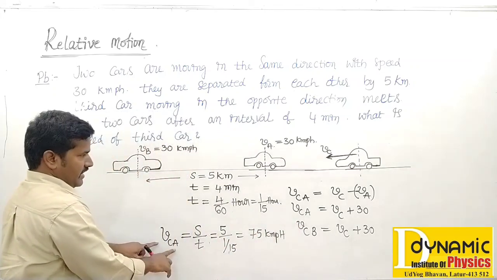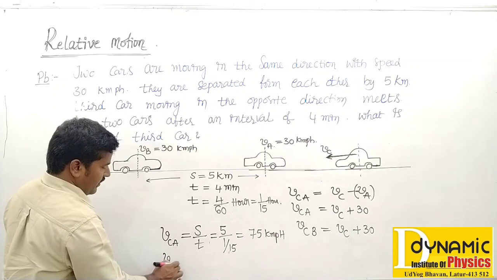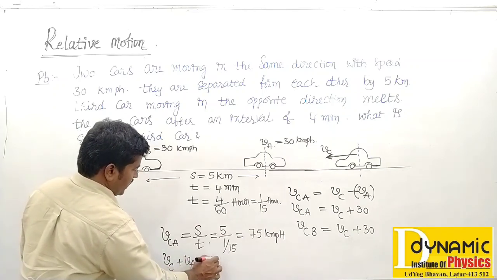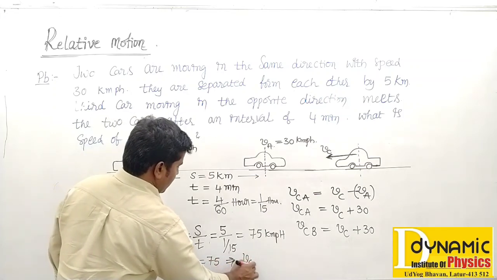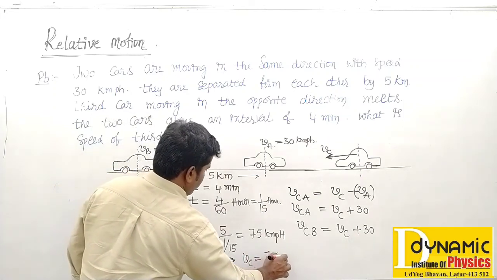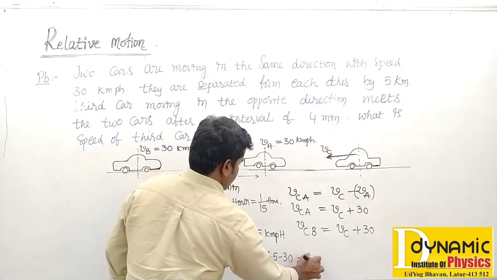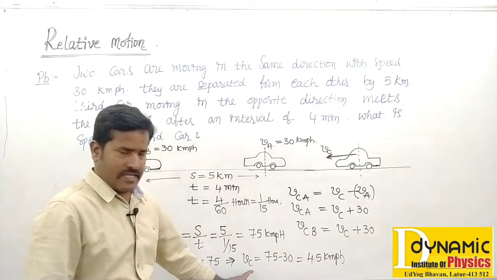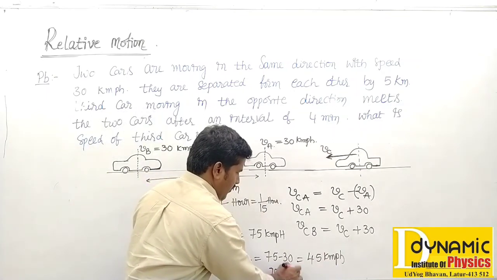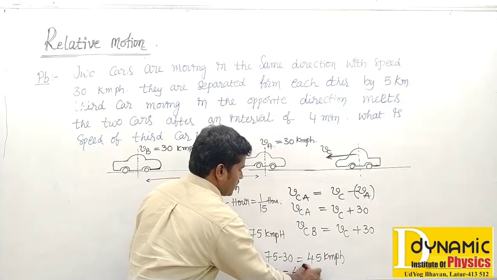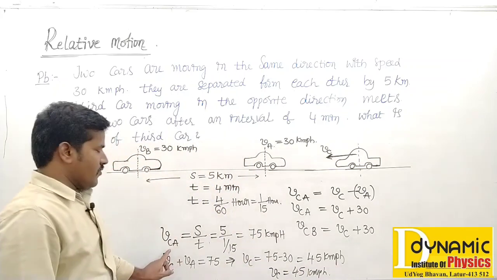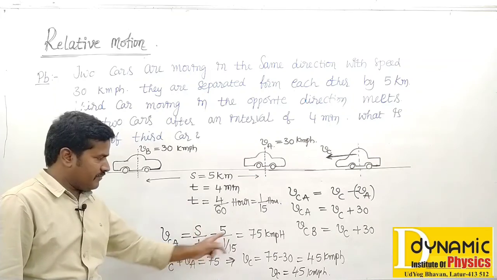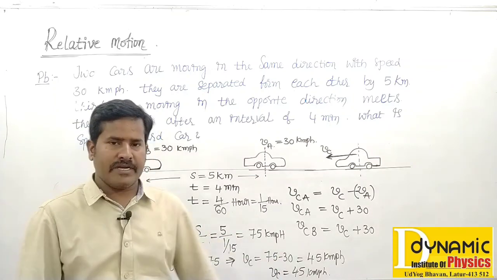You know that Vca is Vc plus Va, that value is 75, where Vc equals 75 minus 30. Its value becomes 45 kilometer per hour. This is Vc, the velocity of the third car, 45 kilometer per hour. Vcb is also the same, distance upon time, the value is 45 kilometer per hour.